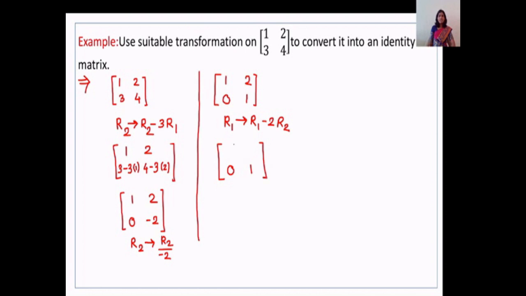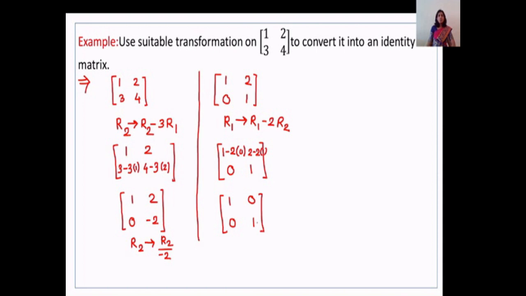R1 is 1 minus 2 into 0, that is 1, and 2 minus 2 into 1, which is 0.